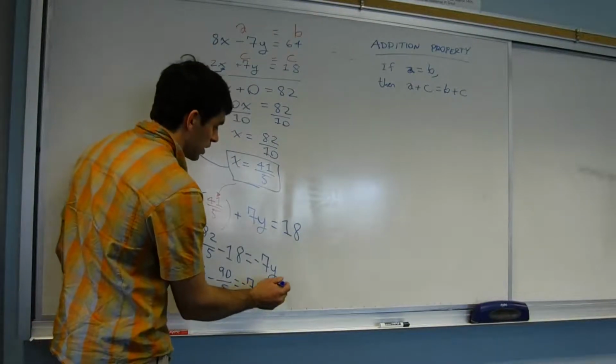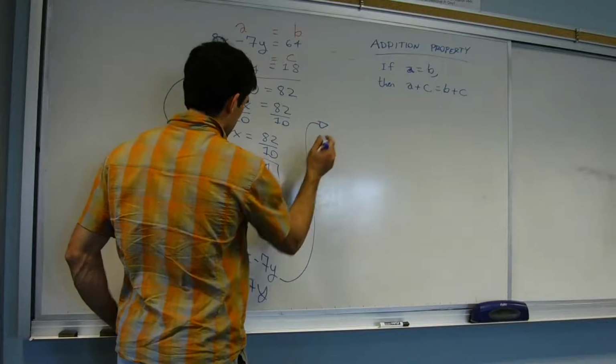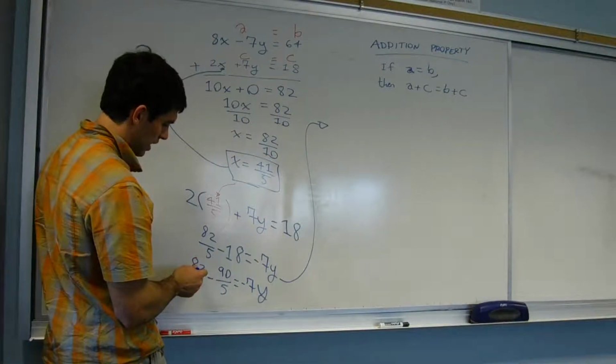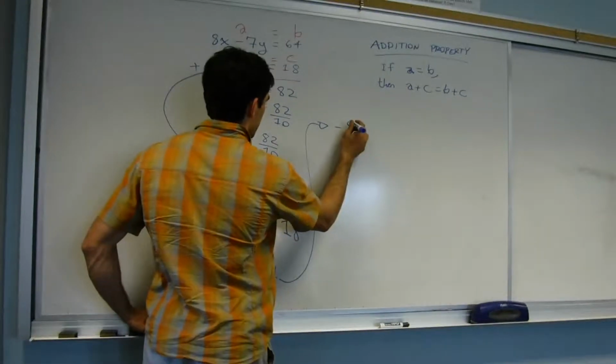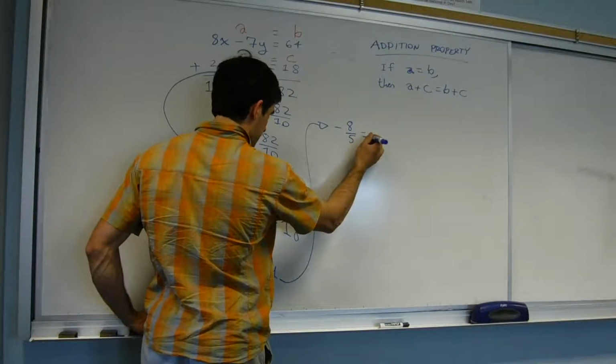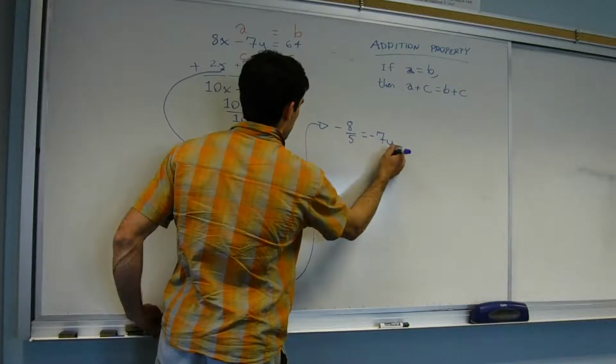And if we take this up here, we get 82 minus 90 over 5 would be negative 8 over 5 is equal to negative 7y.